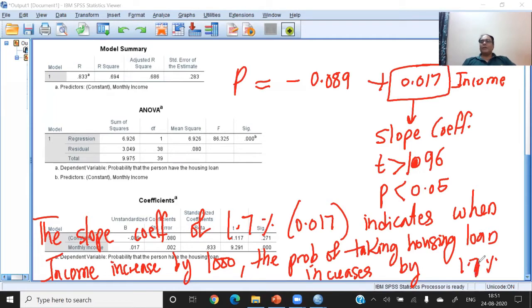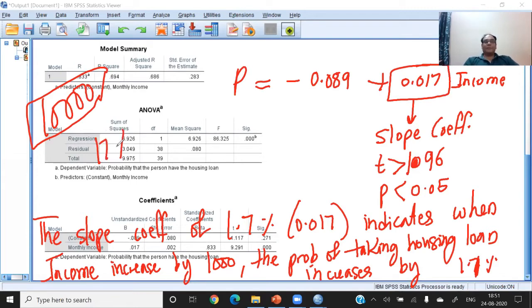And if the monthly income of a customer increases by 10,000, then the probability of taking a housing loan increases by 17%, 10 times, right? This is because of the nature of the beta.